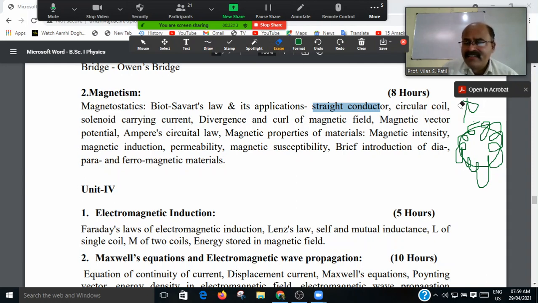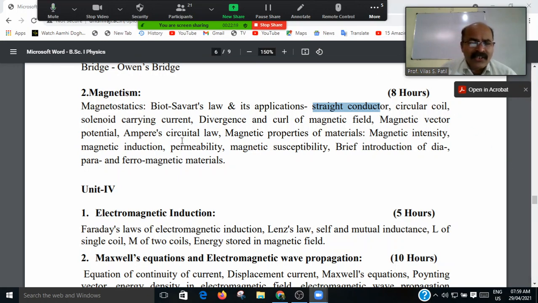Just I am erasing this diagram, which showed the case of the circular coil. Then this is the very best example of magnetization or magnetostatics. Here is the solenoid.